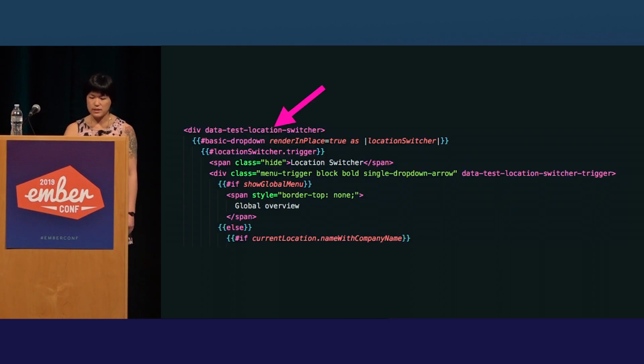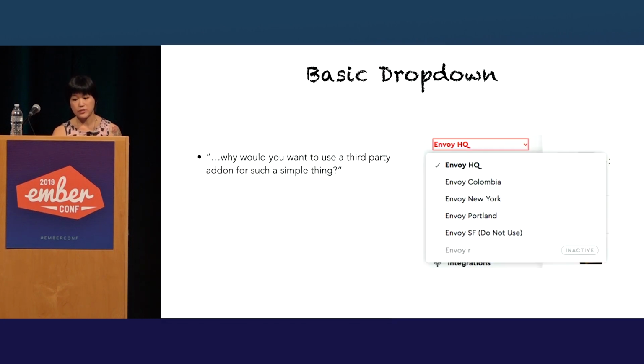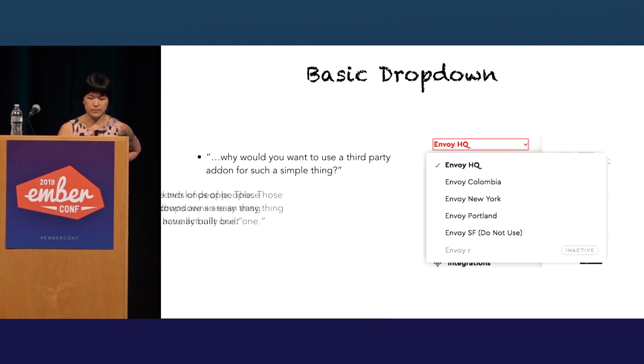So B for me was the basic dropdown. Coming from React world, I wasn't used to having add-ons and components that I could use out of the box. I had to build my own components. So seeing something like this was very confusing to me. And actually, if you go to the documentation for basic dropdown, you see that Miguel says, why would you want to use a third-party add-on for such a simple thing?